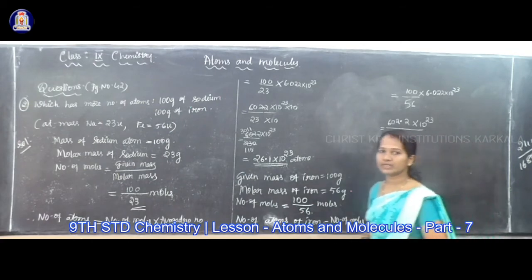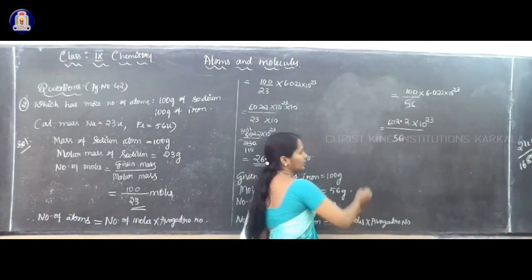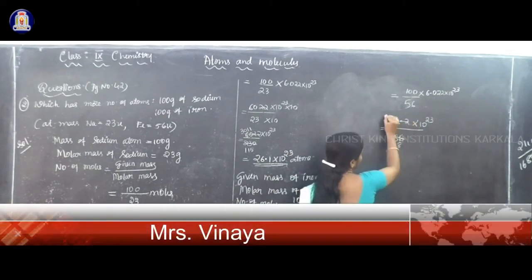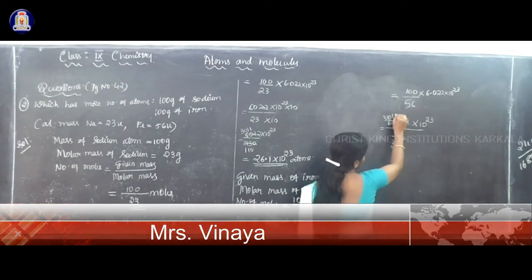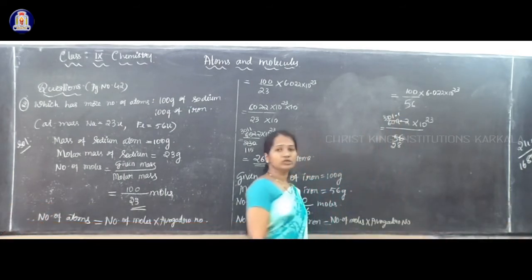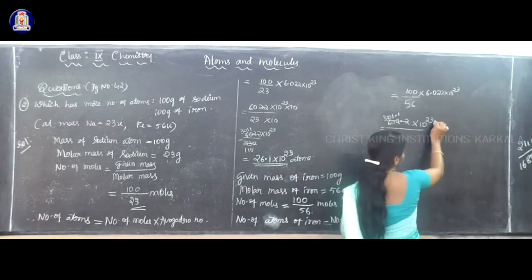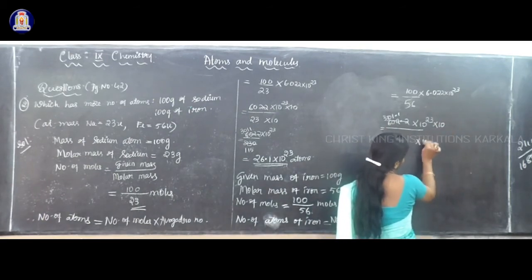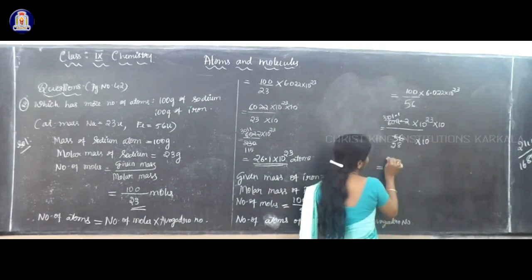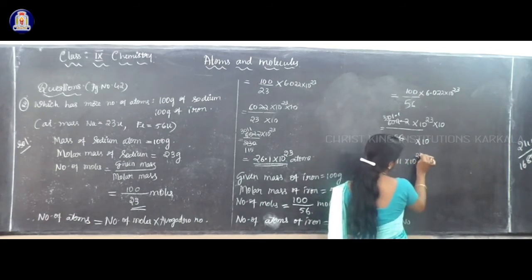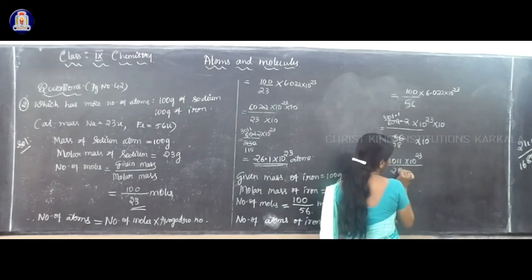So when you divide it by 56, divide using the two table: 2 2s are 4, 1 carry, 2 8s are 16, 2 3s are 0.1. Now remove this decimal point. You have to multiply by 10 for both the numerator as well as the denominator. You will get 3011 into 10 to the power 23 divided by 280.